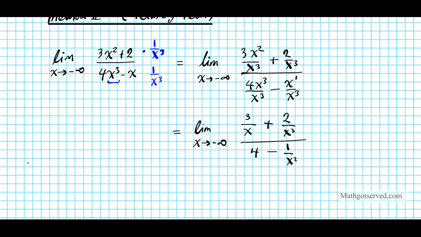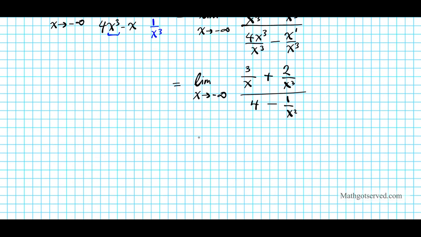Now we're going to plug in the infinity symbol, negative infinity. You have to be really careful with the sign here, negative infinity. So we're going to have 3 over negative infinity plus 2 over negative infinity to the third divided by 4 minus 1 over negative infinity squared.